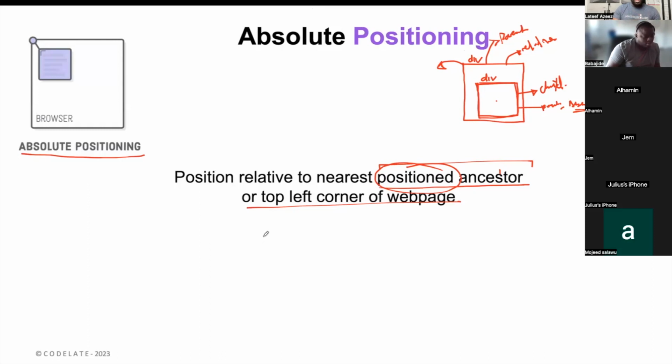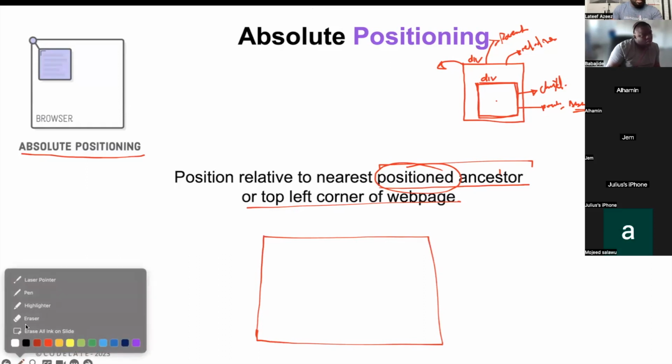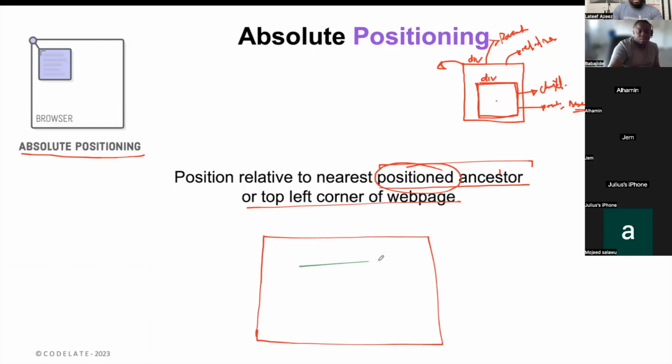What I was drawing is that if you have a parent element like this, and you now have another box inside of that, if you set this element's position to be absolute without setting this parent, this element will take its reference from the top of the web page.